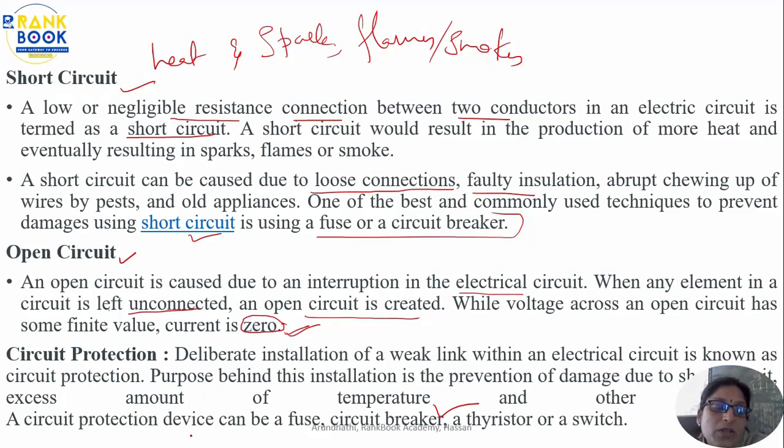This circuit protection device can be a fuse, a circuit breaker, a thyristor, or a switch. So with the help of circuit protection devices like a fuse, circuit breaker, thyristor, or switch, we can overcome short circuit damages.